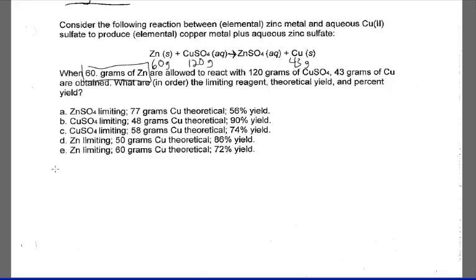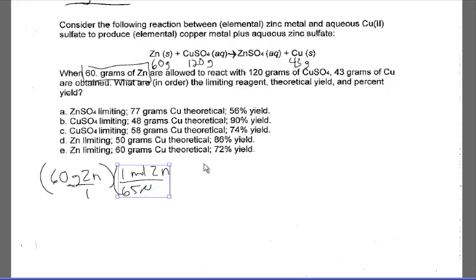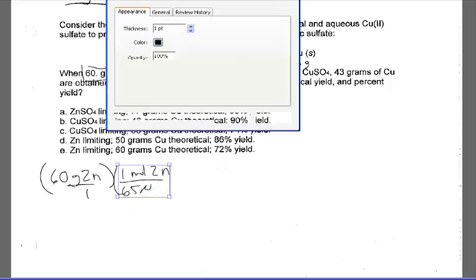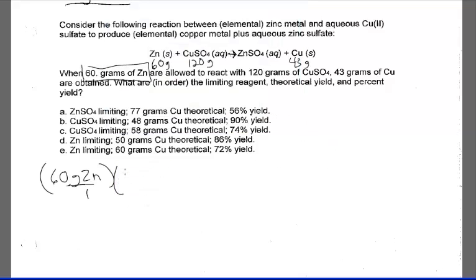All right, so we'll start with the zinc. 60 grams of zinc. Convert it to moles using one mole zinc, 65.41 grams per mole.